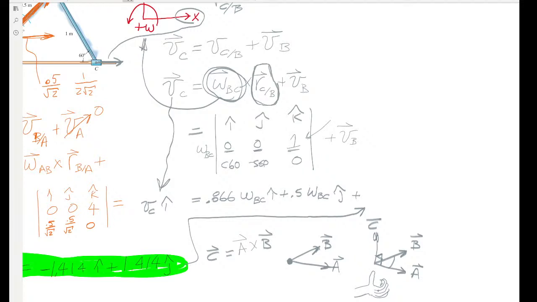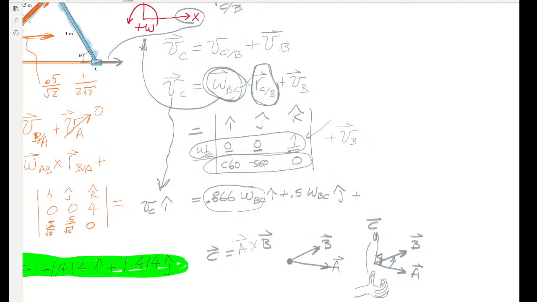You're curling your vectors from A towards that B, and your thumb points along C. These two vectors are perpendicular, meaning the result of a cross product has to be perpendicular to the first vector, and it has to be perpendicular to the second. So let's take this, multiply times this, multiply this times that, and add them together.